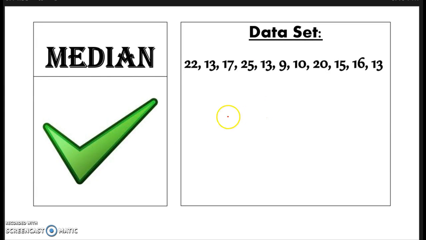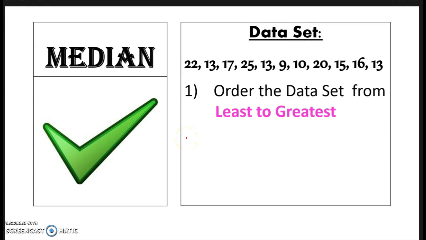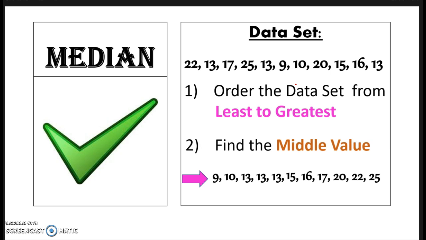Let's review. When solving for the median, the first thing that we should do is order the data set from least to greatest. So here are the original data points, and we need to order those from least to greatest like this. Once we've ordered them, it's important that we find the middle value.